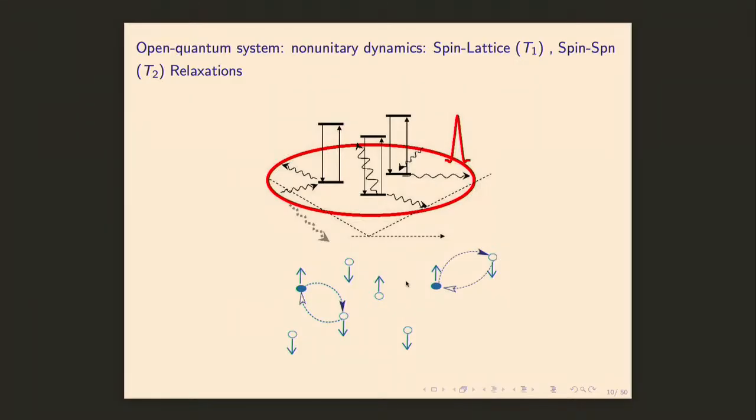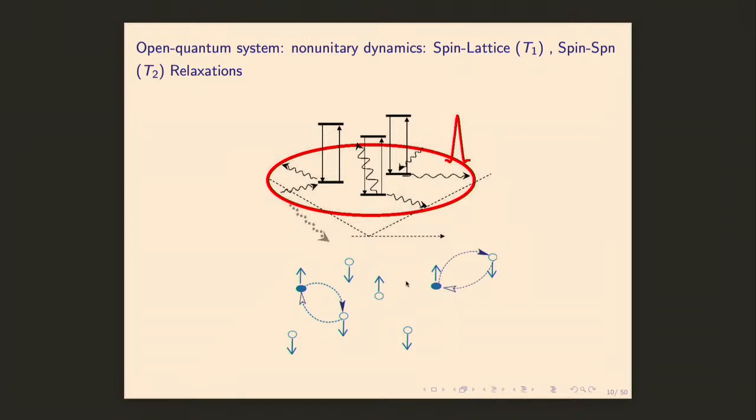This is also related to quantum chaos. We lose track of the information. So the combination of these two effects leads to the decay of the signal, because ultimately spins go back to thermal equilibrium. And how does one predict which kind of relaxation happens?